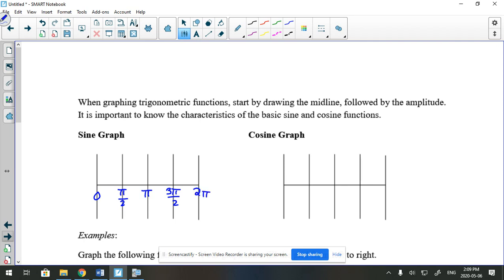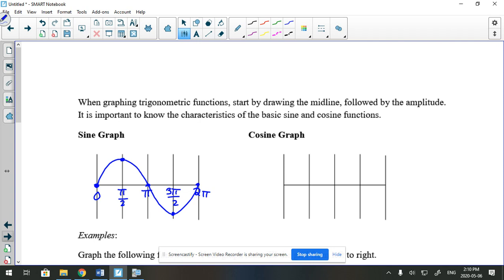With your sine graph, it always starts at the midline at 0, then it peaks at your next section, goes back to 0, and then you get your minimum in the next section, and then back to 0. And this is how your traditional curve will look for a sine graph.